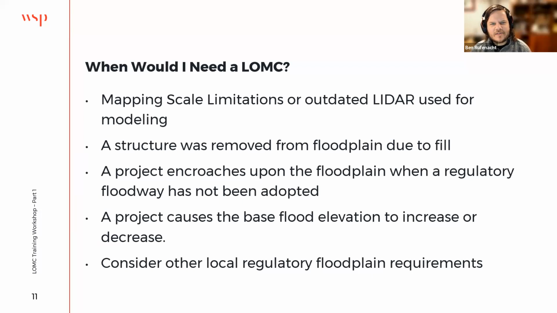And even on new good LiDAR data, the mapping scale, sometimes your actual building pad may be elevated and the map itself won't go to that level of detail. So you need a LOMA in that situation to show that you're actually out of the map.